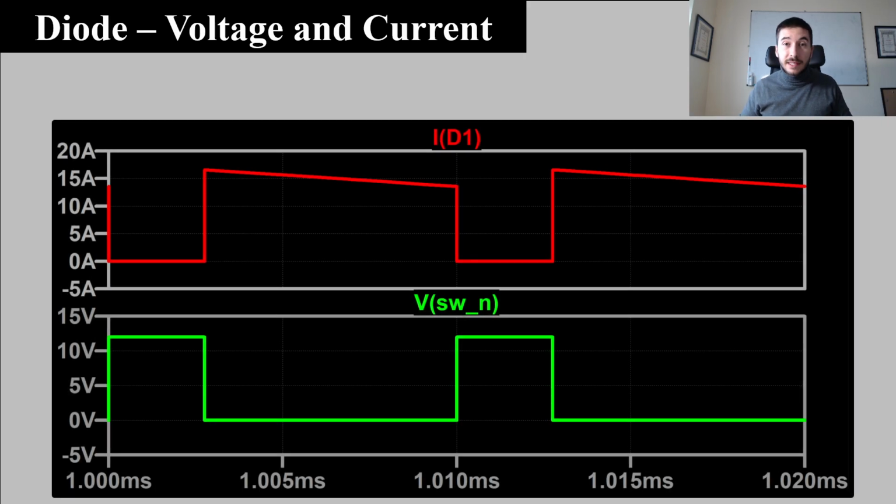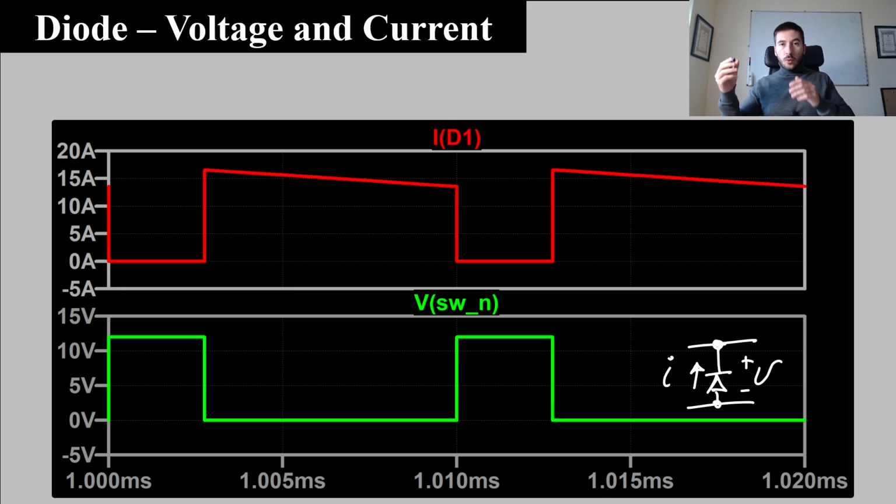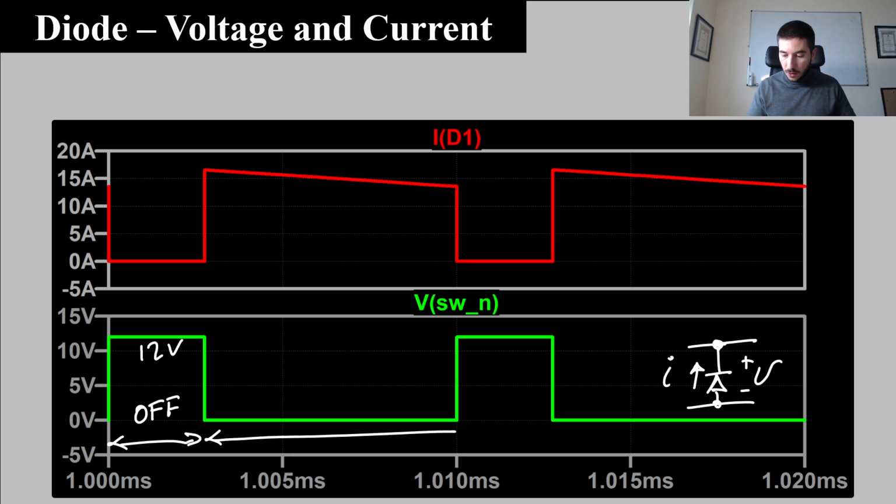Let's do the same with the diode of the buck converter. We know that we have a diode like this one, and we are going to evaluate the voltage in this way and the current in this way. When the switch is on, state number 1, the diode is off. And when the diode is off, the voltage across the diode is 12 volts, the input voltage. When the switch is off, the diode is on.